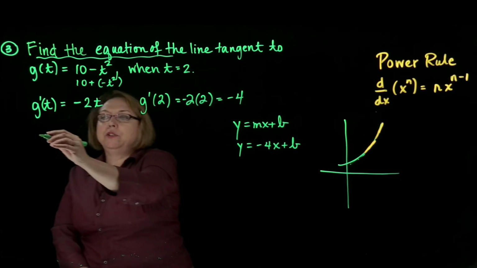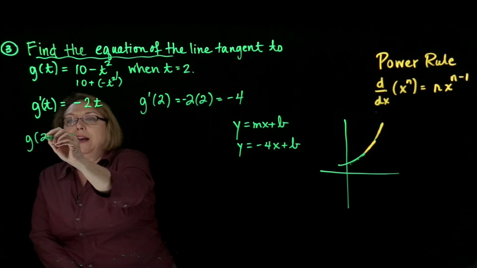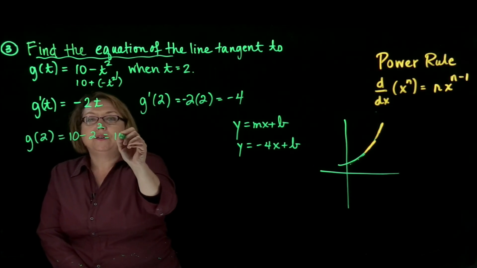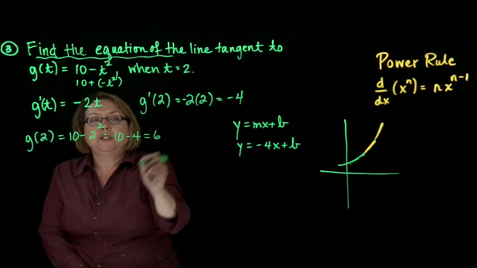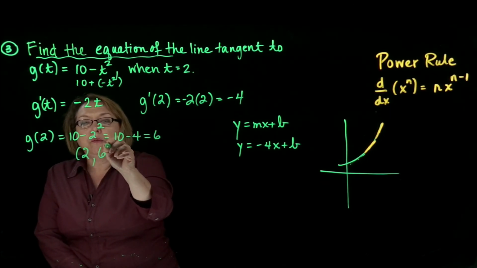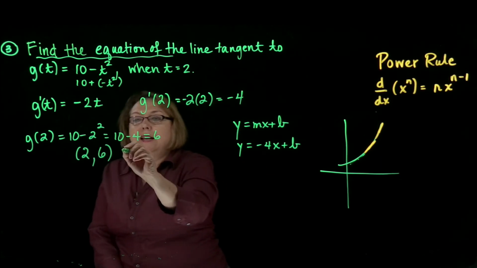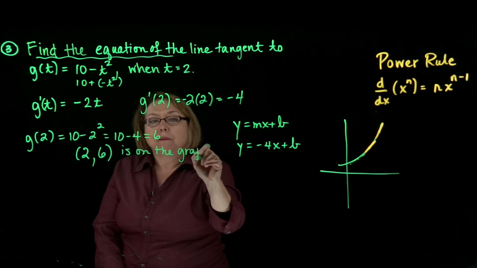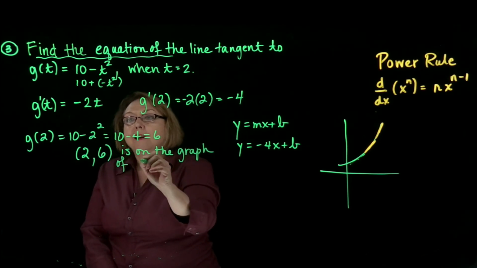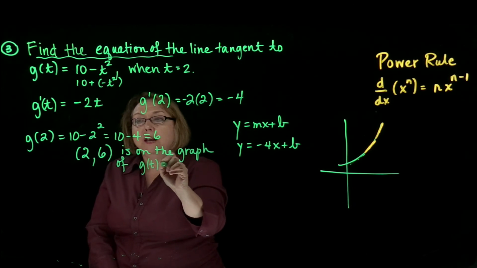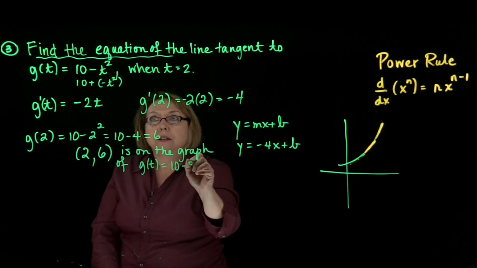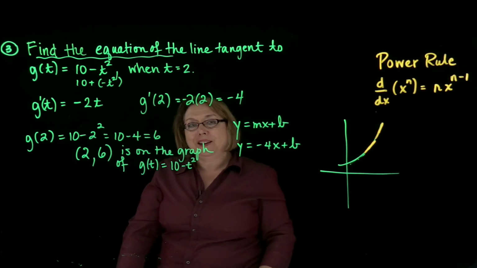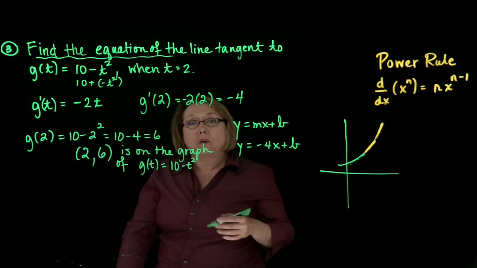So if I take my original function and evaluate it at 2, so 10 minus 2 squared, or 10 minus 4, which is 6, that means that the ordered pair 2, 6 is on the graph of g of t equals 10 minus t squared. So it's a point on the graph, and it's what we needed here to find our b, or our y-intercept of that line.